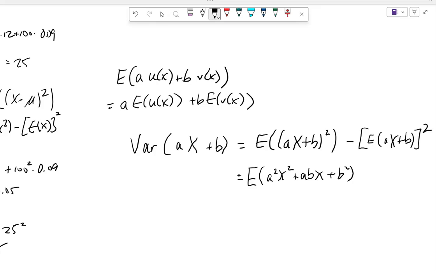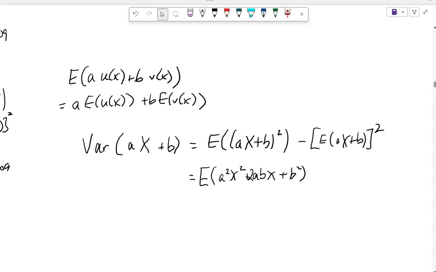That should be a 2ab, 2abx plus b squared. Sorry about that. And then in the other one, I will distribute my expected value before I square. So inside the brackets, we'll have a, expected value of x, plus b.